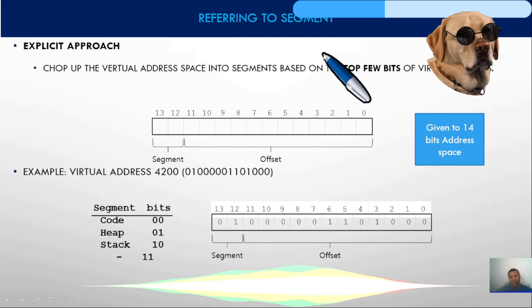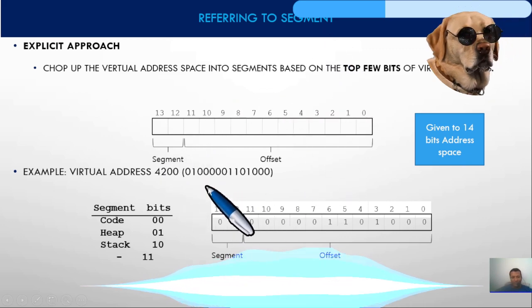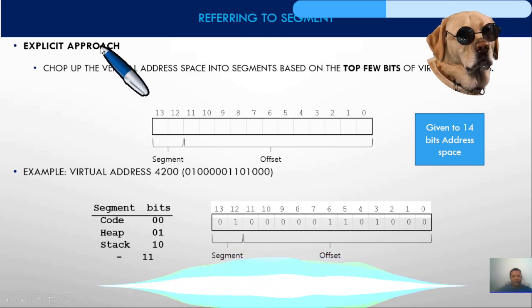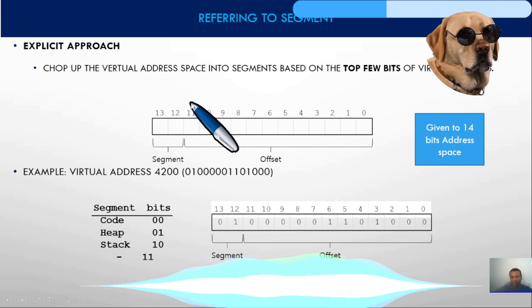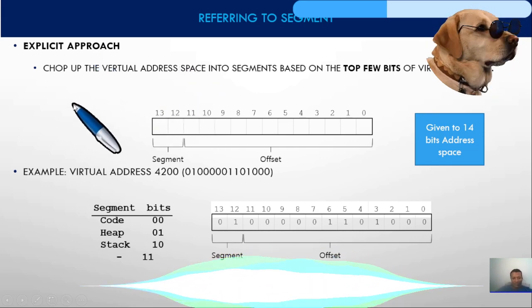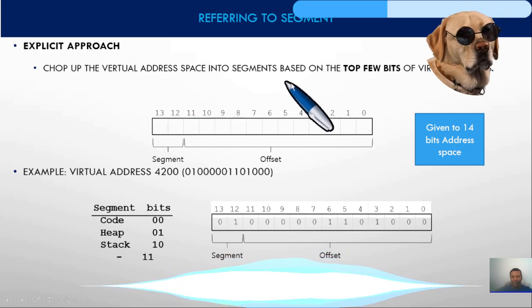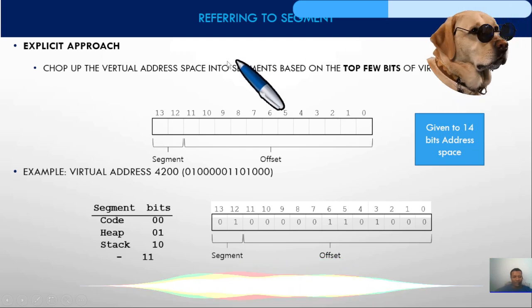Now, referencing a segment. This is another idea in our textbook. The first approach is the explicit approach. The explicit approach chops up the virtual address space into segments based on the top few bits of the virtual address.